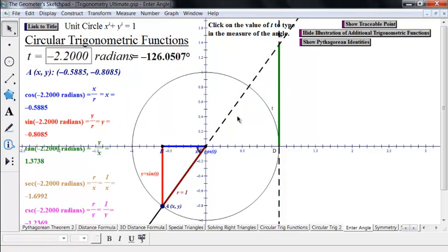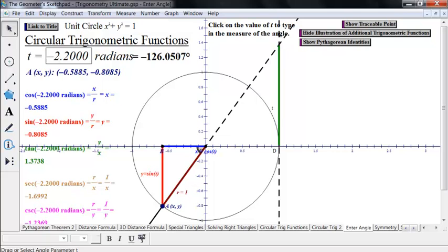Okay, so if we extend that line here back up so that it meets this vertical line, then we can still see the tangent. That's positive tangent, which is supposed to be in this quadrant. And this ray is not hitting it, but the ray extended the other way is hitting this vertical line.